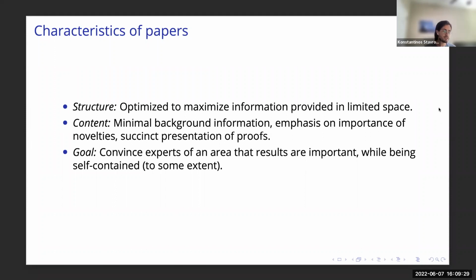In terms of content, they provide minimal background information just in order to be self-contained, but they emphasize more the importance of the novelties that they might have, and they also give some proofs for their statements, but the proofs are also very dense, at least in most cases.